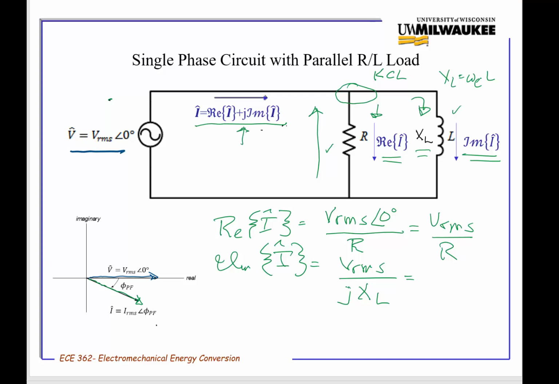That makes it negative, which makes sense because it's a lagging current and we have a negative angle right here. So it's negative j VRMS over XL. Therefore, the total current going into this load is VRMS over R minus j VRMS over XL.